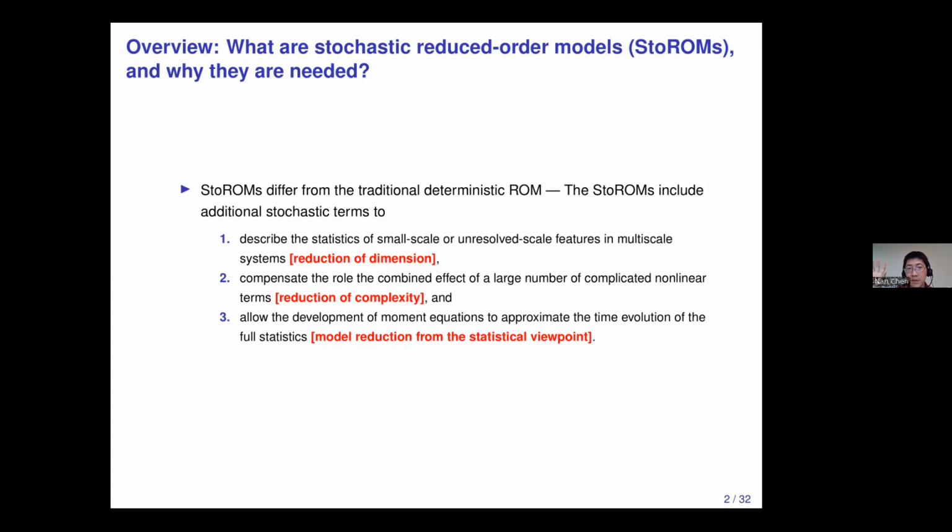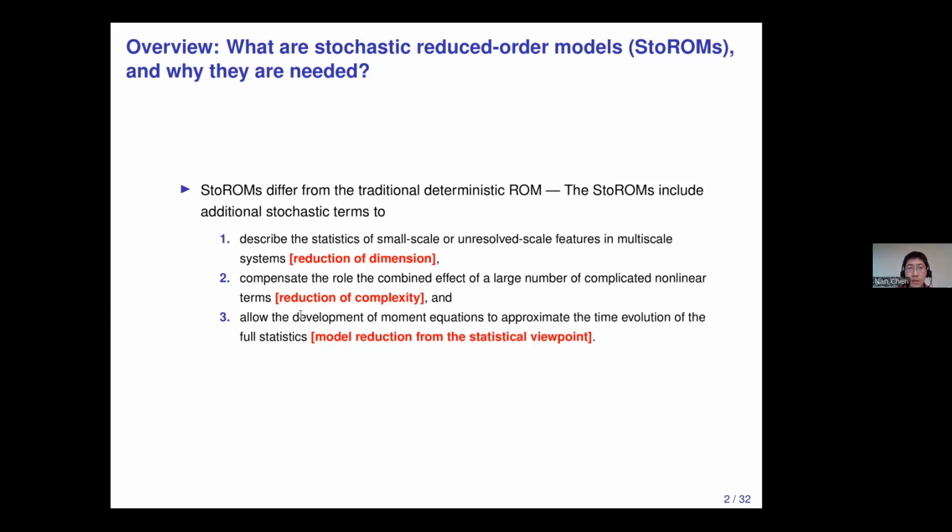But in some situations, you can ignore these terms and add a stochastic part instead, so your computation cost can be greatly reduced. So in this sense, we are not aiming at reducing the dimension, but at reducing the complexity of each equation. Of course, 1 and 2 should be combined together.